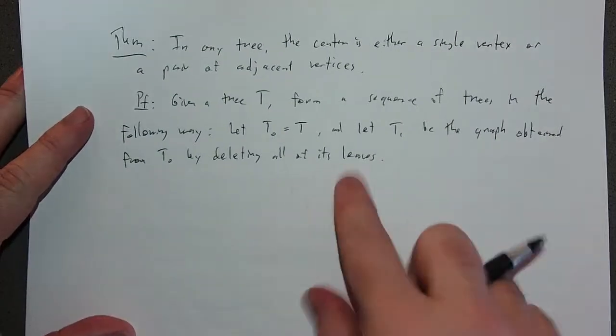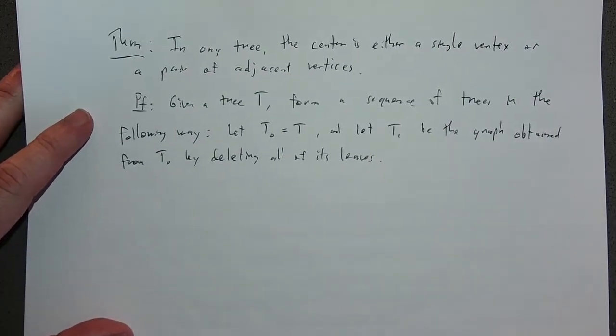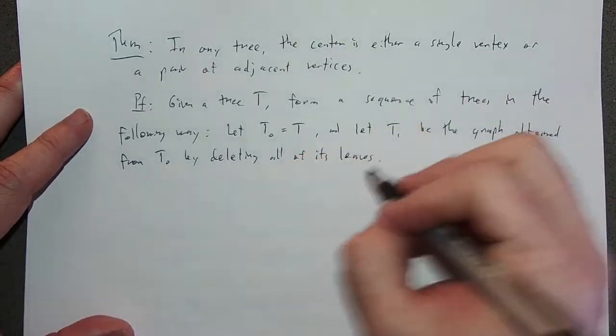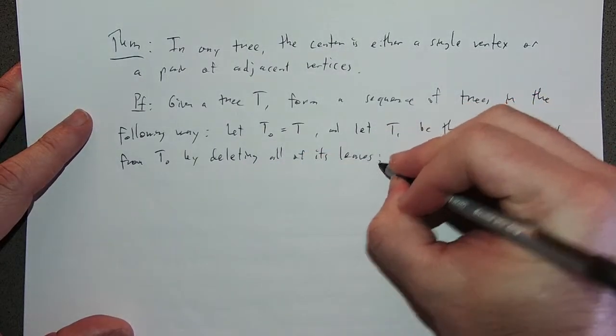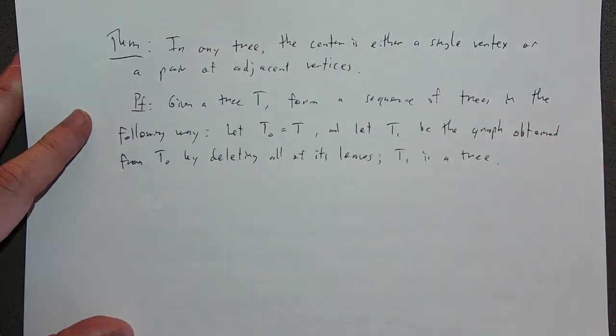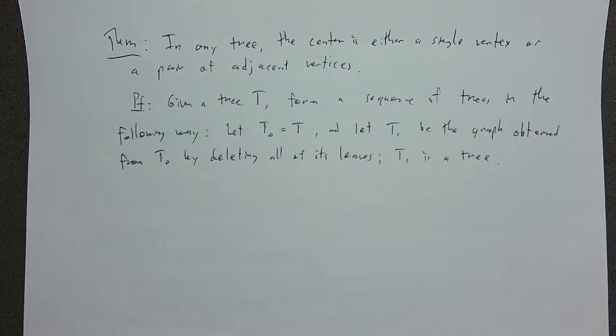So, going back, we delete all of its leaves. We keep this process going. Do I get a tree from this? Yes. So it turns out T1 is a tree. Well, remember, the thing we started with was a tree, so it had no cycles and it was connected. Deleting all of its leaves leaves it connected, because they're degree 1, right?